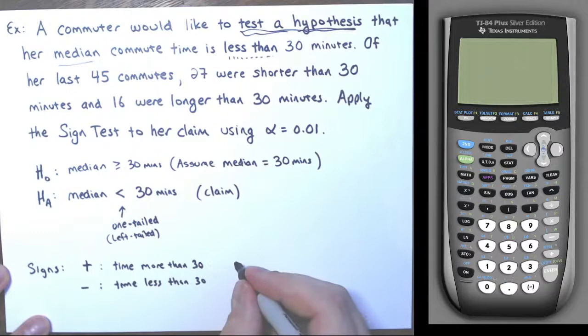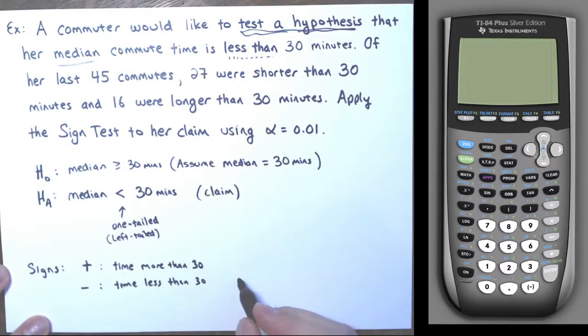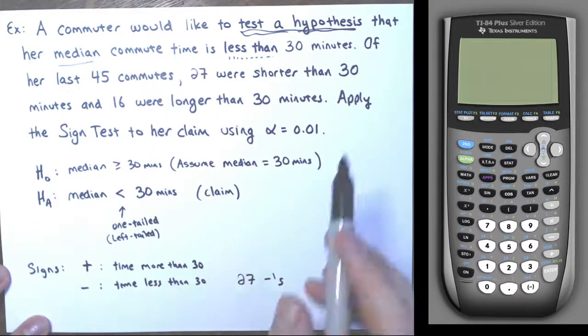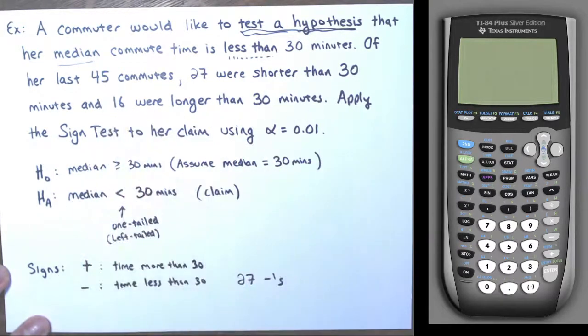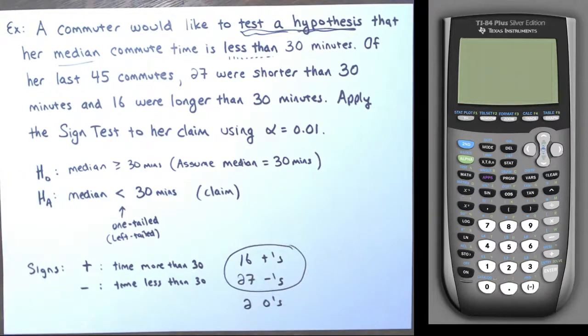So 27 were shorter than 30 minutes, so that's 27 minuses the way I have set up the labels here. 16 of those 45 commutes were longer than 30 minutes, so 16 pluses. And that's only 43, so there would be 2 zeros, if there's 2 commutes she took that were exactly 30 minutes. But all that matter are the pluses and minuses. In my sign test, I'm ignoring the zeros.